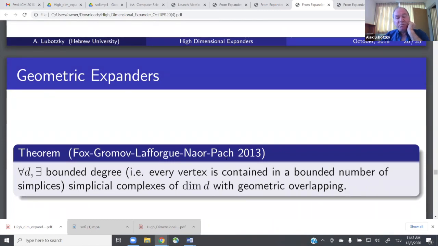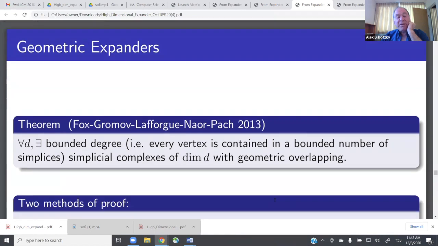Asaf Naor and Janos Pach published the following paper, and they proved that for every d there exist bounded degree, really in the strict sense, every vertex is contained in a bounded number of simplicial complexes of dimension d with the geometric overlapping. Namely, there exist bounded degree geometric expanders.